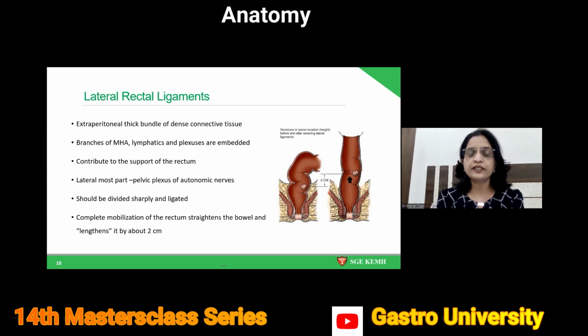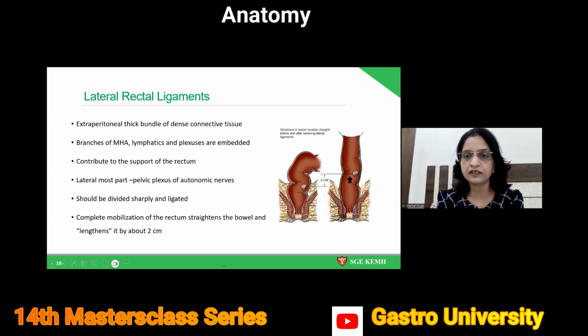So without injuring these pelvic plexus, these lateral rectal ligaments should be divided sharply and need ligation because vessels are there and they bleed. And one more important thing is, once these ligaments are divided, it straightens up the rectum, and complete mobilization of lateral rectal ligaments leads to addition of length of about 2 centimeters.